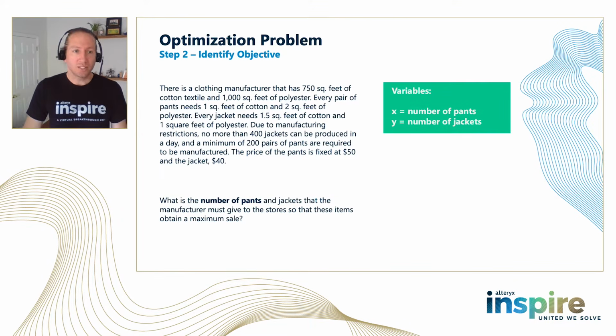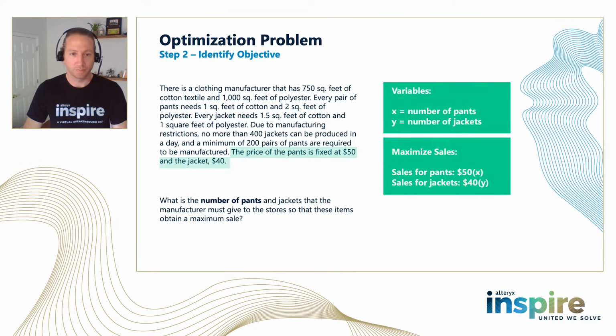All right, the next step is to identify the objective. Our objective here is to maximize sales. So let's think of what the equation for sales is. We know that we get $50 for every pair of pants that we create, and we've set pants equal to X. So 50 times X equals our total revenue for pants.